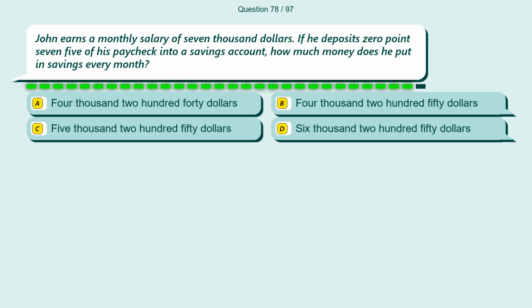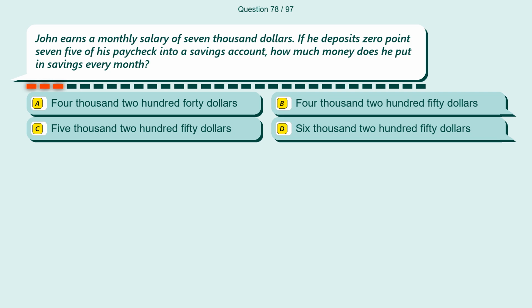Question 78. John earns a monthly salary of $7,000. If he deposits 0.75 of his paycheck into a savings account, how much money does he put in savings every month? Option A, $4,240. Option B, $4,250. Option C, $5,250.